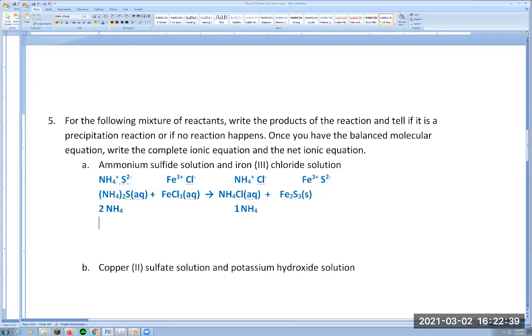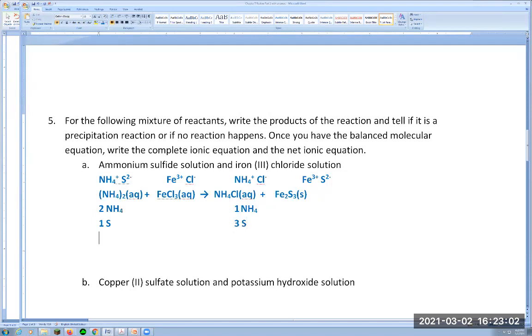What's next? We have S. How many S on the left? 1 S only on the left there. And on the right, we have 3 S, right, in the Fe2S3. So 3 sulfur. Iron, we have 1 iron on the left in the FeCl3.